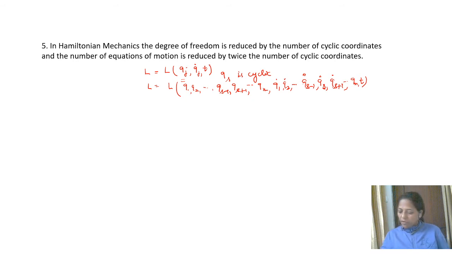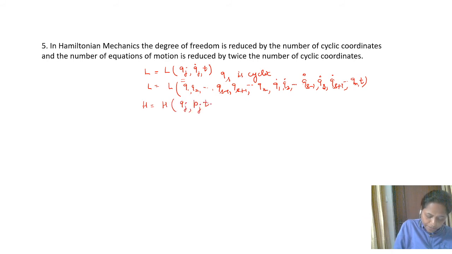But if there is some coordinate which is cyclic, then what will happen with H? Your H is defined as the function of qj, pj and time, right?